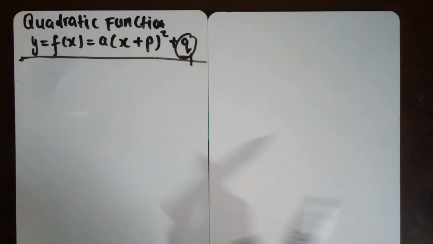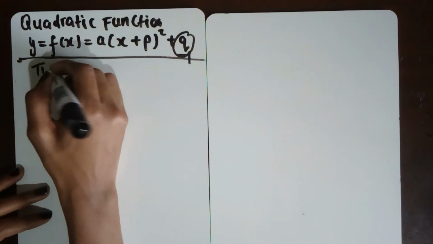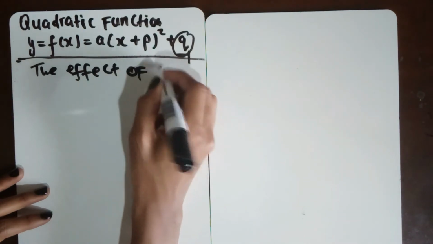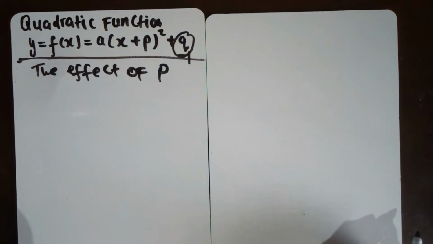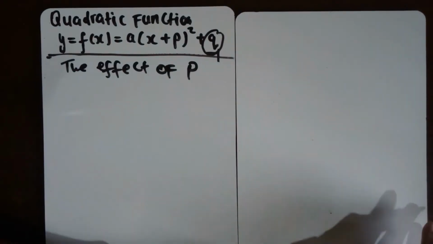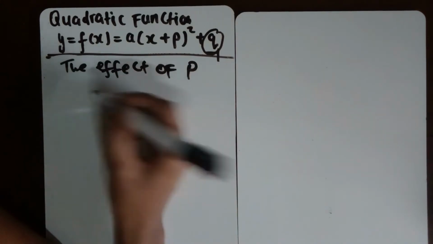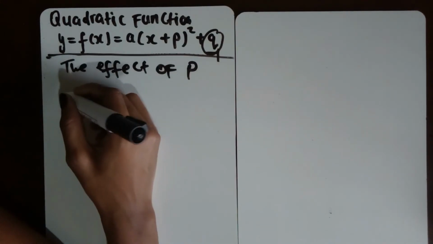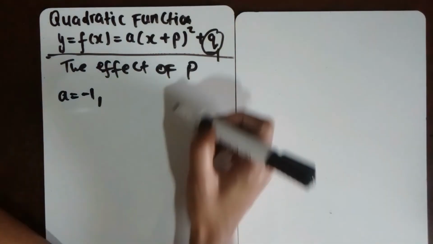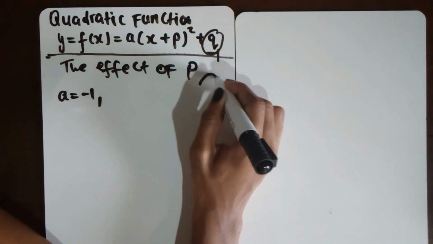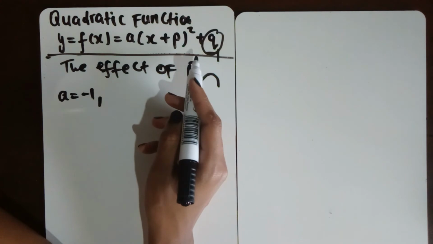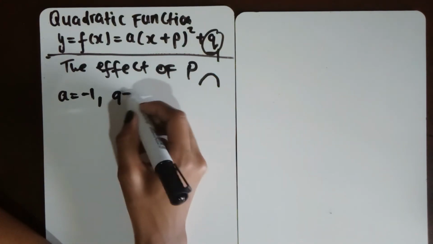So now let us investigate the effect of p. What happens when we change p? We're still talking about the quadratic function. So let us say in this instance we have a equal to -1. If a is negative, remember it means your parabola is going to face down. And let us say our q is -1 as well.